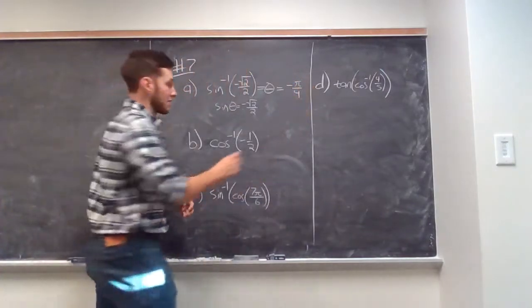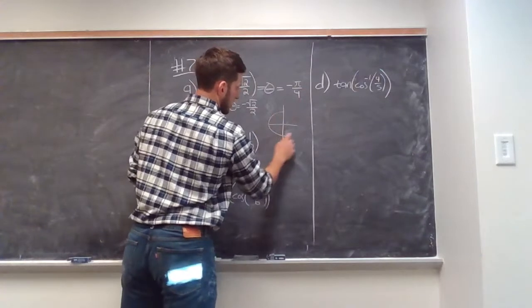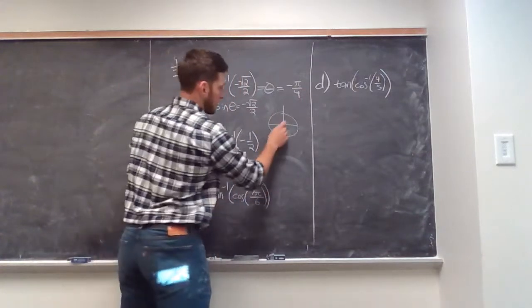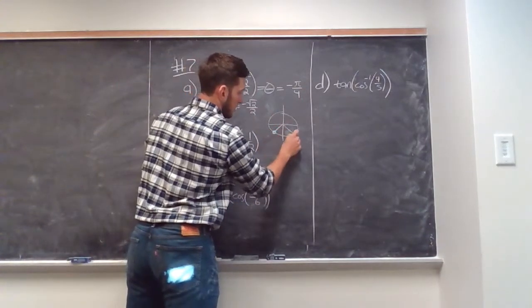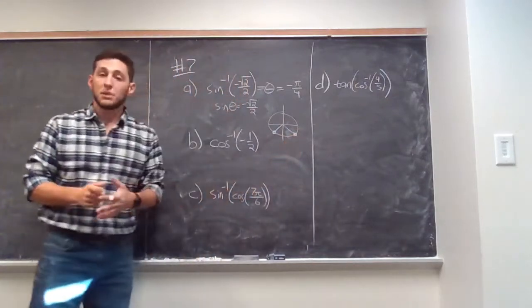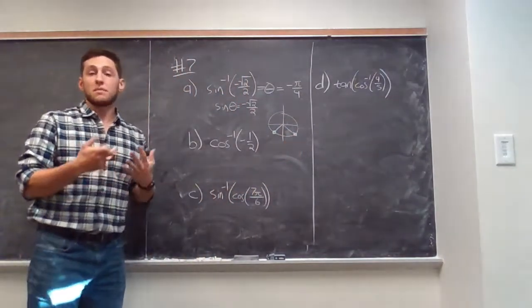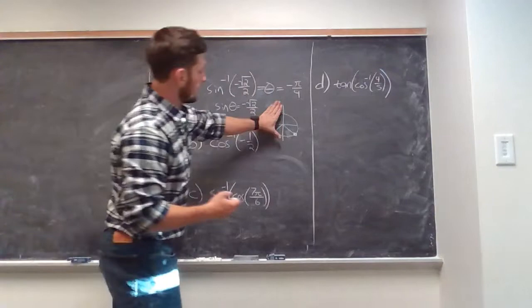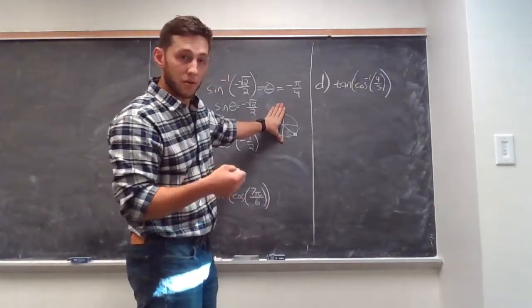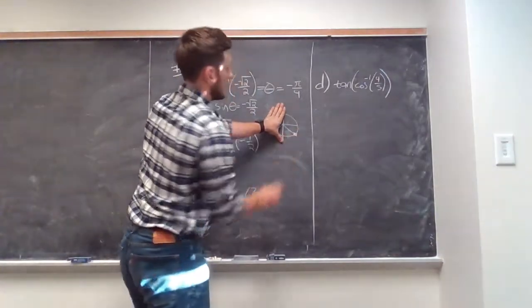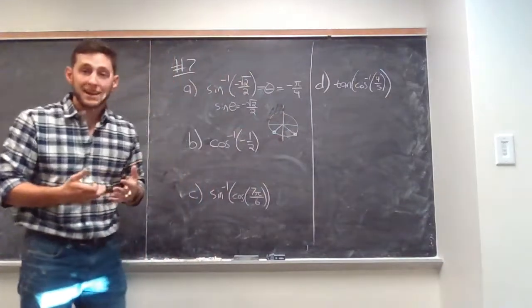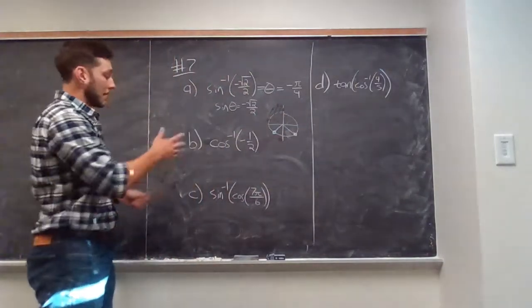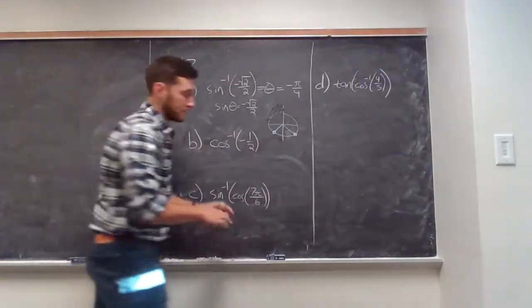If I draw a unit circle, the two spots it would have worked were either here or here. But importantly, the range of inverse sine is the right half of the unit circle. So we have to make this angle right here, which was negative pi over 4. So your answer is negative pi over 4.